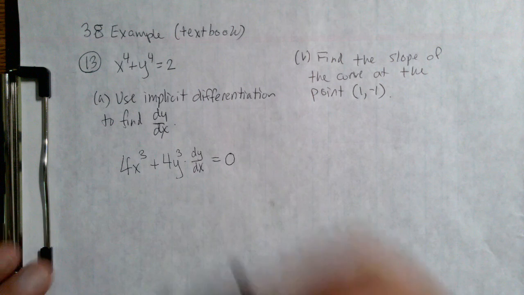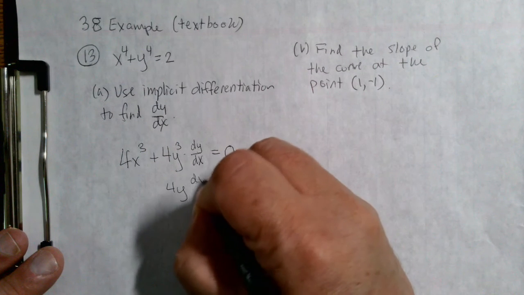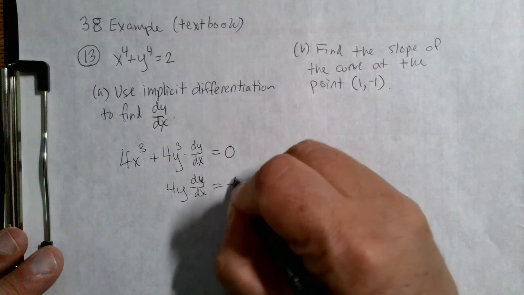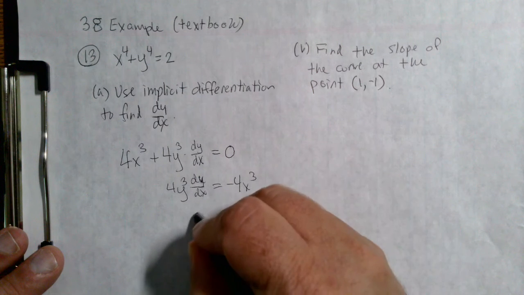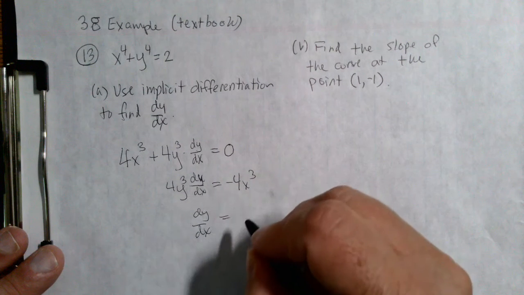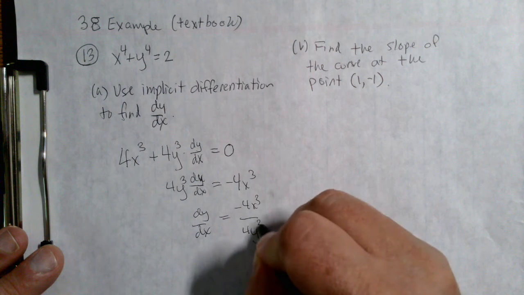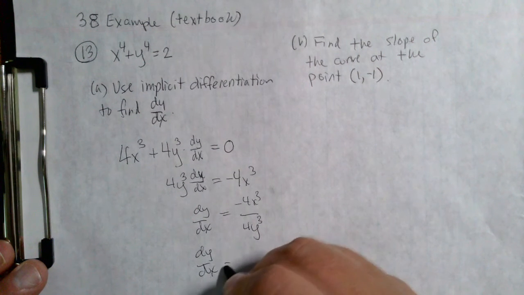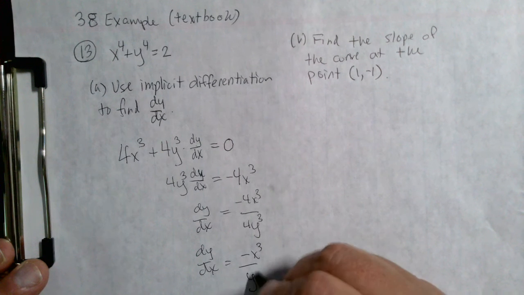I'm going to subtract 4x cubed from both sides, then divide both sides by 4y cubed. And so we have dy dx is negative x cubed over y cubed.